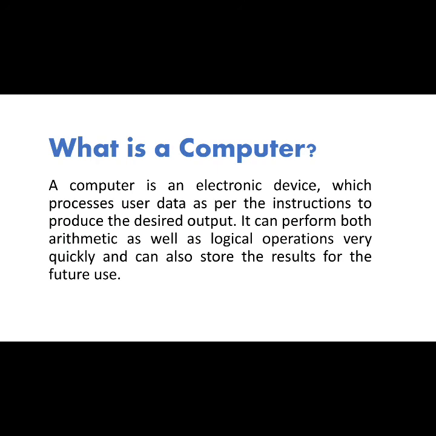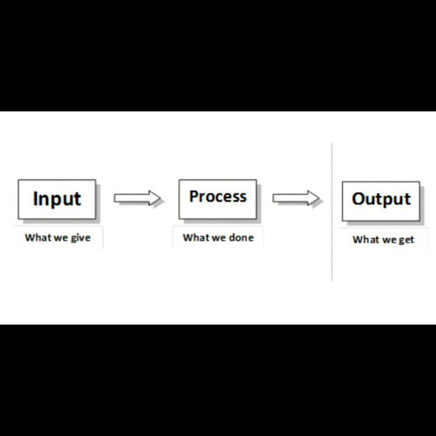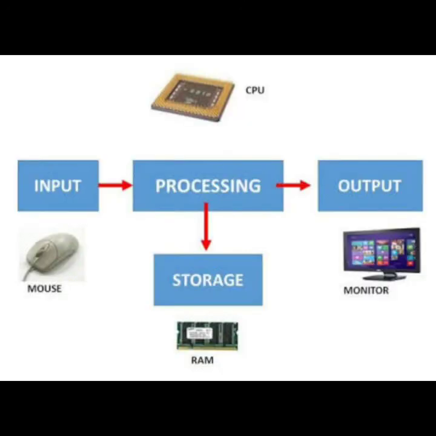After processing operations, it gives you output in the form of result. So a computer is also called a data processor. The reason is it is doing the processing on the input because it can store, process and retrieve data whenever desired. Here is a diagram given.